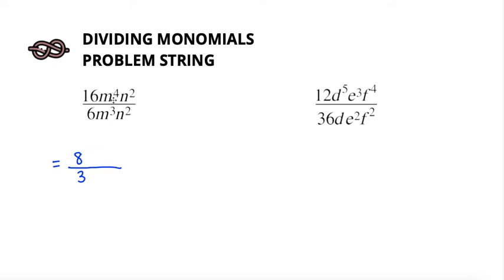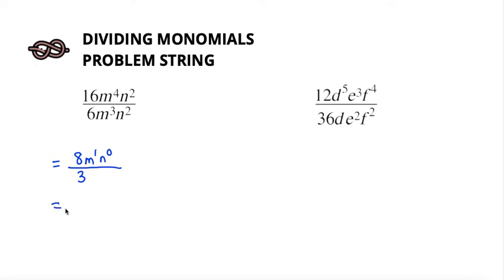So now I need to look at my exponents or my powers. I first look at my variables that involve the m. Because I'm dividing, I'm subtracting my exponents. 4 take away 3 is 1. I can choose to write my exponent of 1, or I can just write it as m, whichever makes most sense to you. Then I'm looking at my n's. 2 take away 2 is 0.